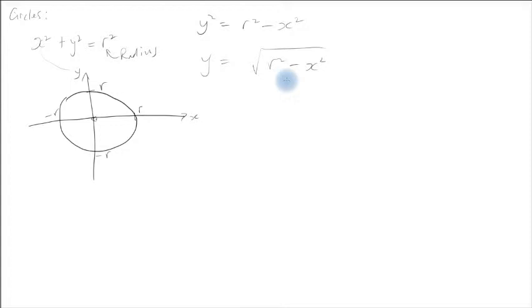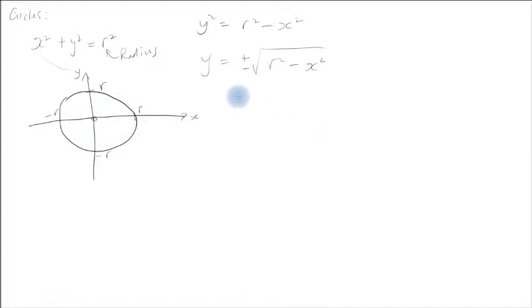Now, remember, with this square root, the answer could possibly be a positive square root answer, or it could be the negative of whatever this answer is. Because the y value here could be either positive, where y squared will give a positive answer, or negative, if y is negative, that will also give a positive y squared. And these two answers correspond to different parts of the circle.